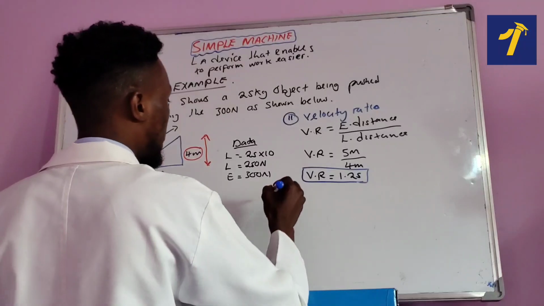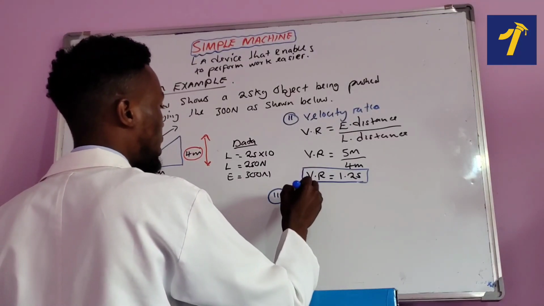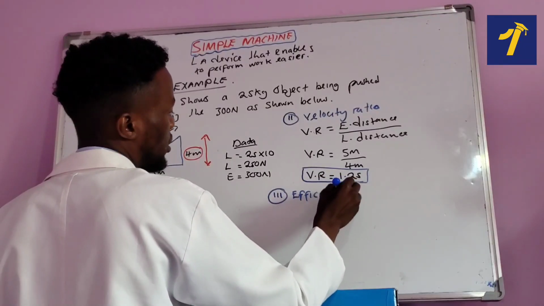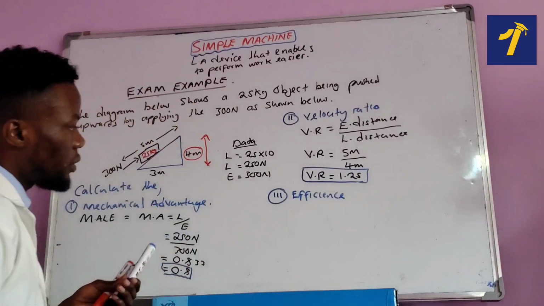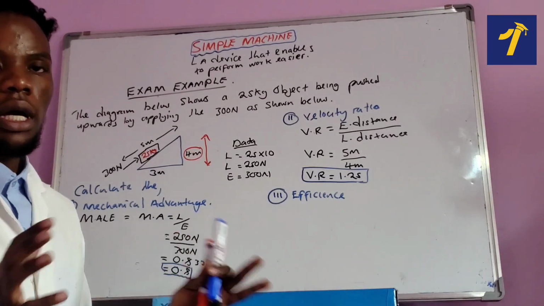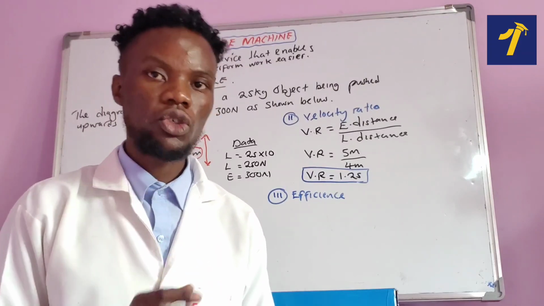The last question that they can ask you is this one, number 3. They are going to say calculate the efficiency. Okay, efficiency. So now, how do you calculate the efficiency? Remember the formula again. Under physics, if you forget the formula, you are not going to answer the question.